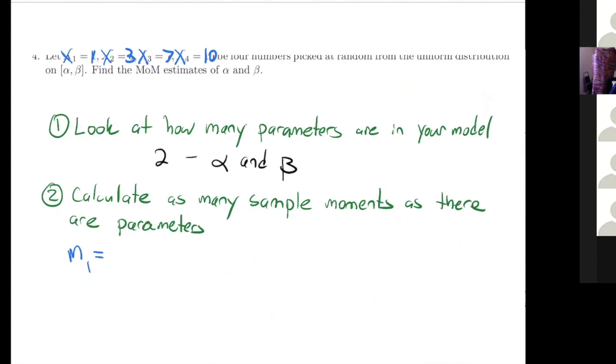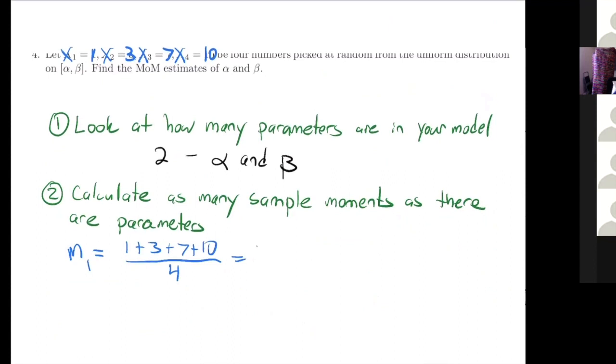So M1 would just be the average of our sample. I'm just going to take 1 plus 3 plus 7 plus 10, and we have 4 things in our sample. So that gives me 5.25.